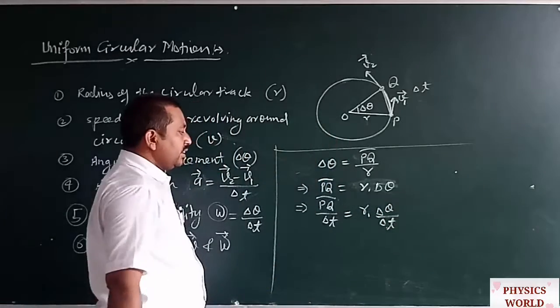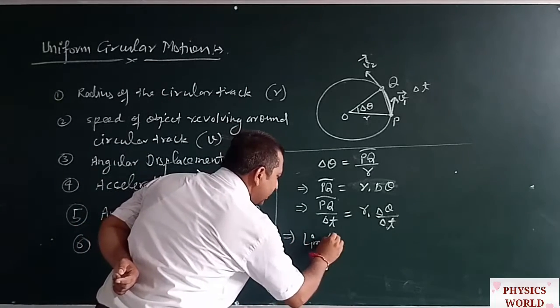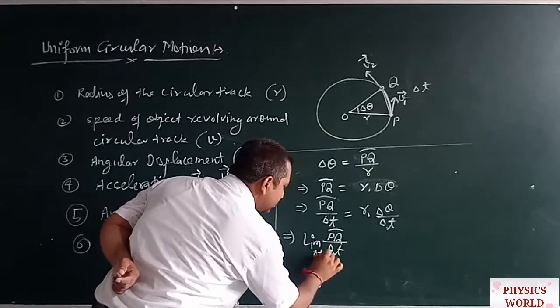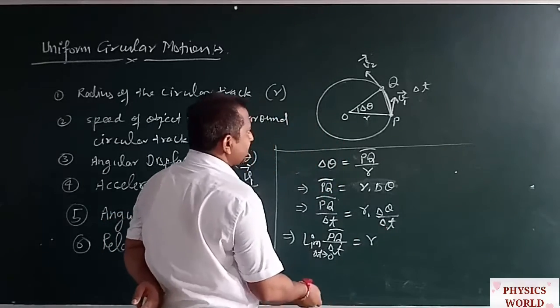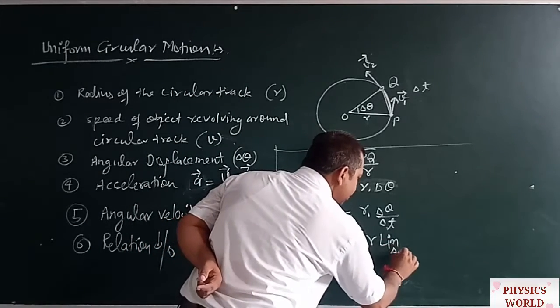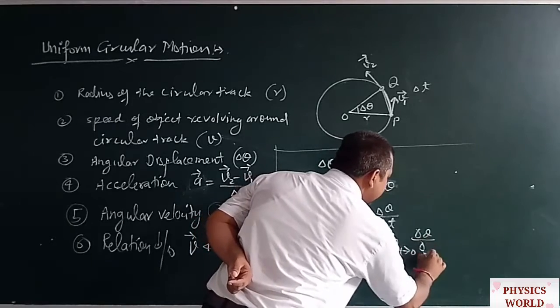Taking the limit as delta t tends to 0, R is constant and does not change with respect to time, so taking it outside the limit, this becomes the limit as delta t tends to 0 of delta theta by delta t.